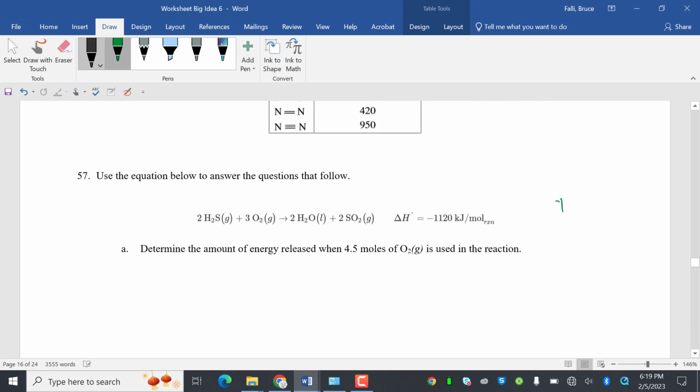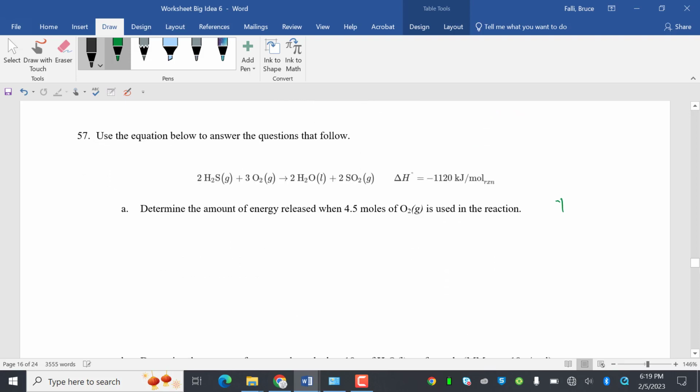Use the equation below to answer the questions that follow. Determine the amount of energy released when 4.5 moles of O2 is used in the reaction. So 4.5 moles of O2 times a dividing bar, and I need an equivalency between O2 and negative 1120.